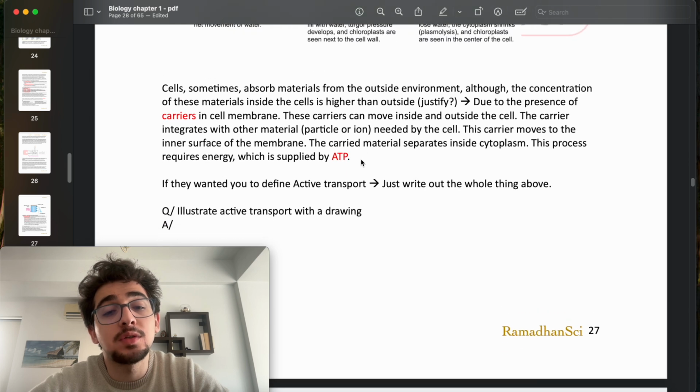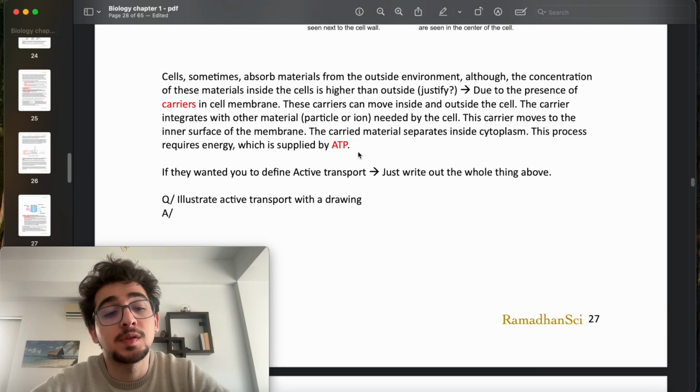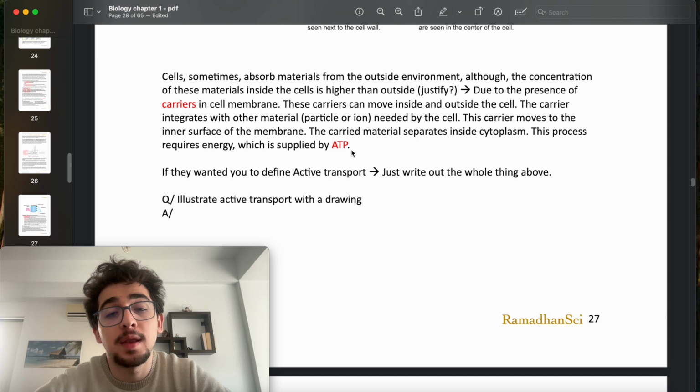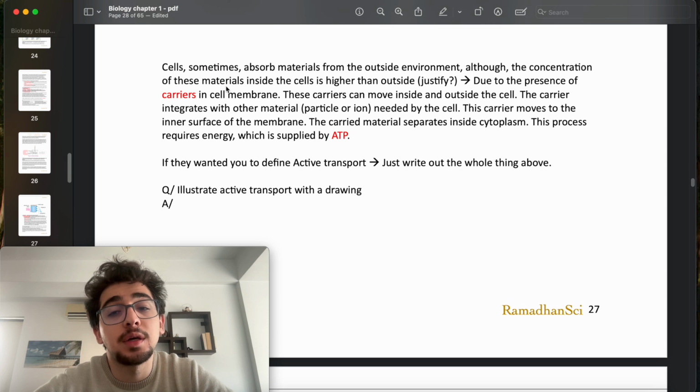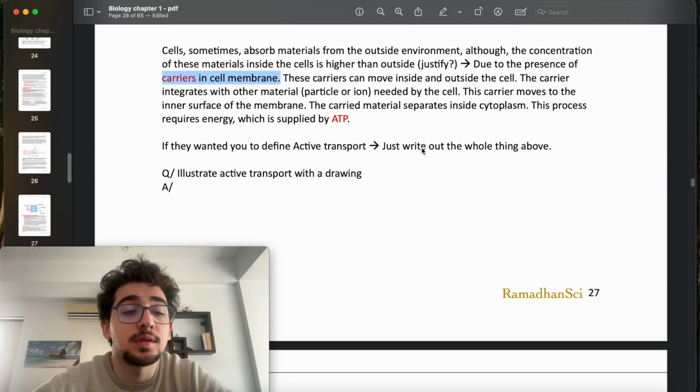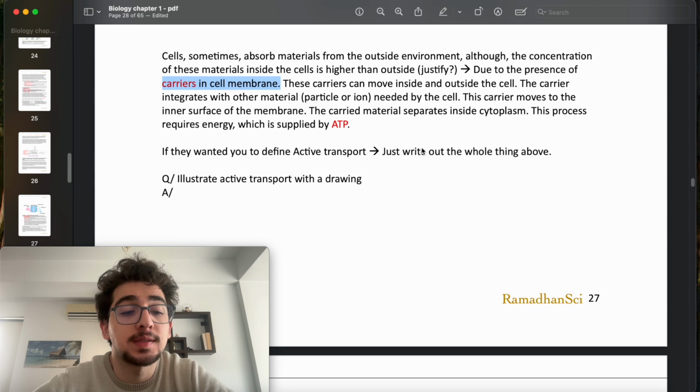Even though this is opposite to the concept of diffusion, the opposite to the natural diffusion laws, this is because we have carriers in the cell membrane. So the carriers in the cell membrane will perform this process.